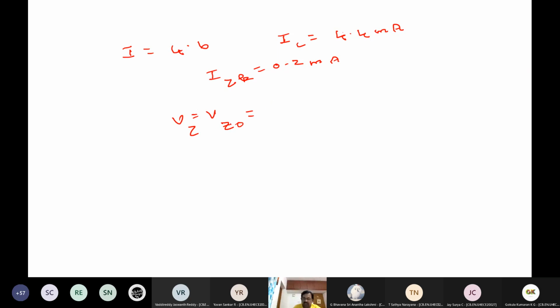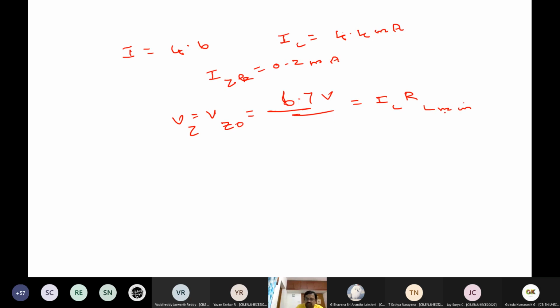So VC not equal to, because I am operating at the minimum value of current, knee current, so that the diode gets into breakdown region, 6 that is equivalent to 6.7 volt. Now the 6.7 volt is equal to IL RL minimum.